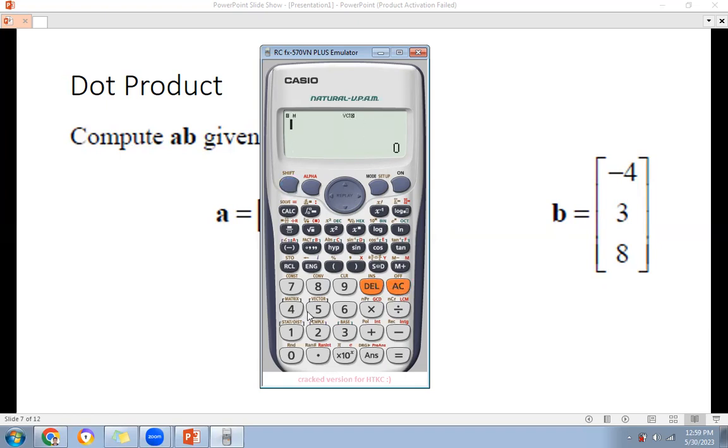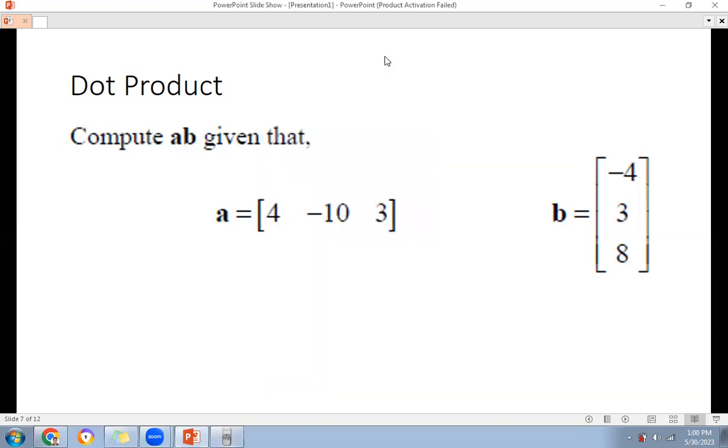So that is vector A dot vector B. Okay, that's our answer: negative 22. So there is a single value answer for that product.